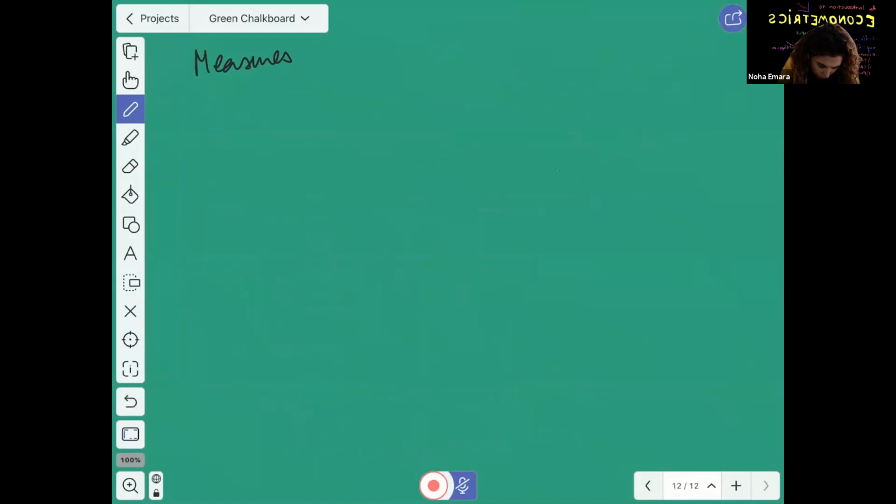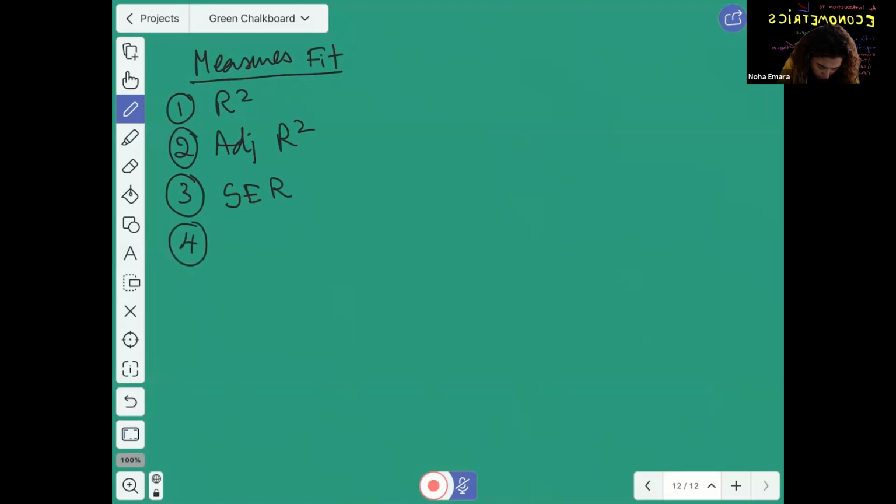I'm not going to repeat what the measures of fit are here, just stress the point related to this question. We have the R-square, the adjusted R-square, the standard error of the regression, the root mean squared error, and the F statistic.